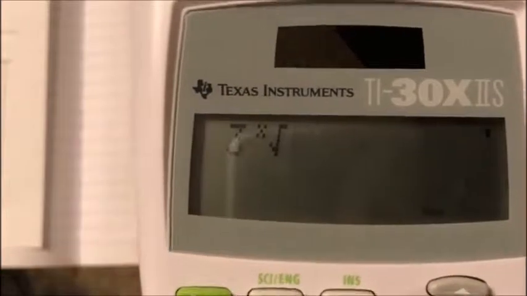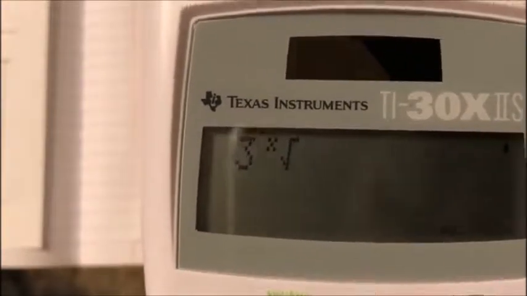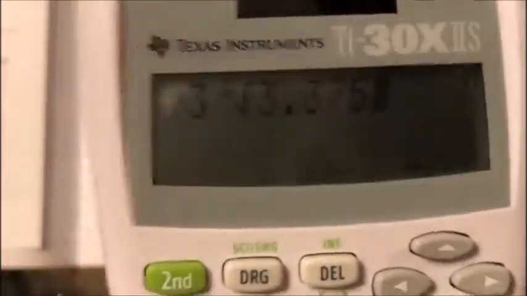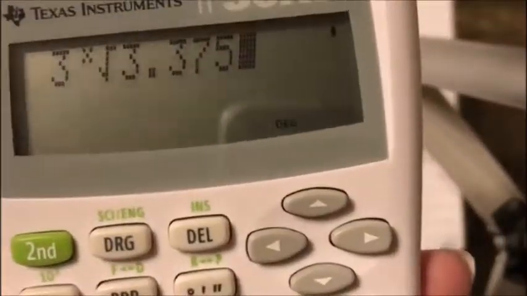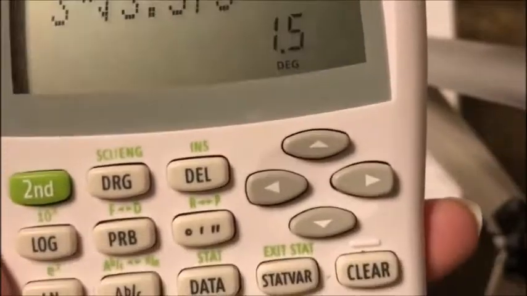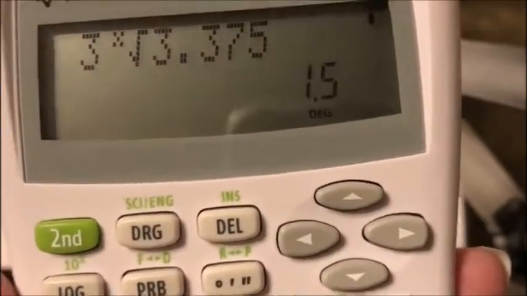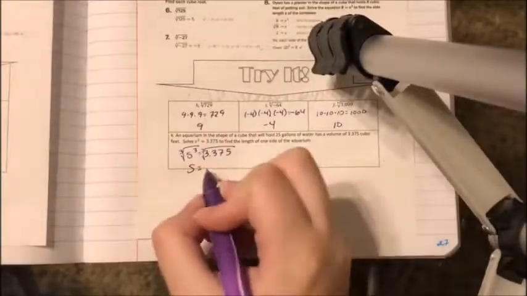So I'm going to hit that. So now I have this. Then I'm going to put what goes underneath my root. In this case, it's 3.375. Okay. Then I'm going to hit enter. And it's going to tell me my answer. That's my cube root, 1.5. So s is 1.5. Okay.